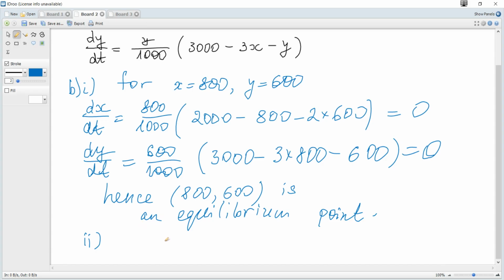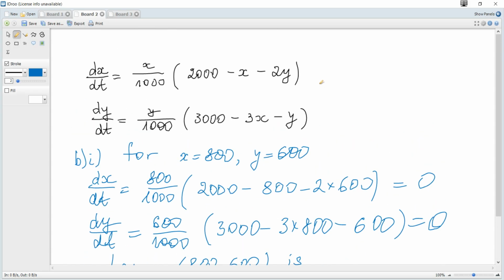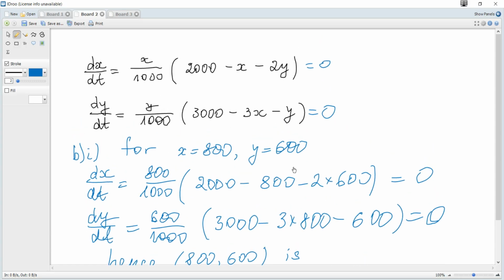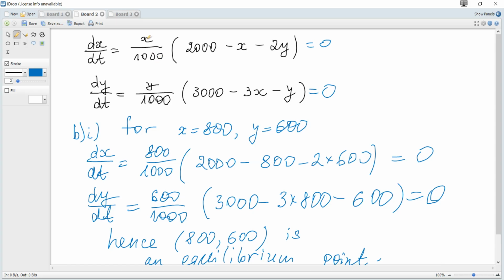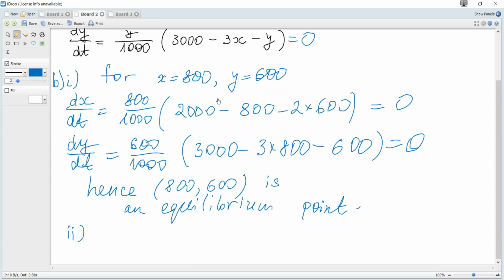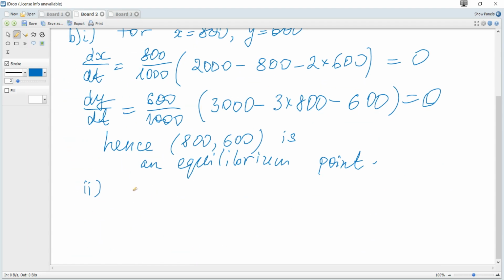The next, find the other three equilibrium points. So we should consider dx over dt to be 0, dy over dt is also to be 0, and it's clear that when x is 0 and y is 0, we get a solution. So it's the required point 0 and 0.